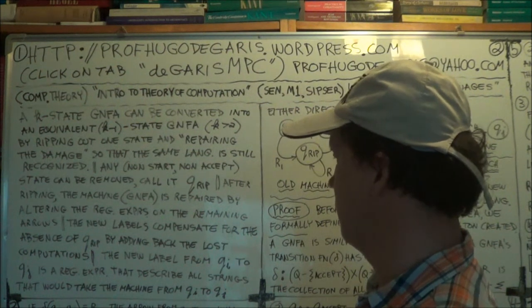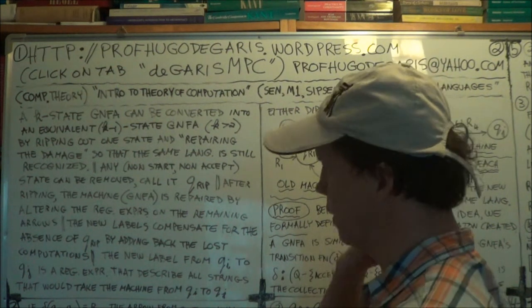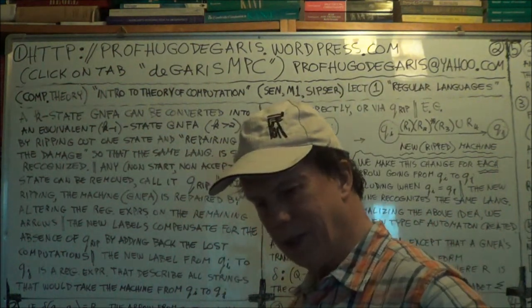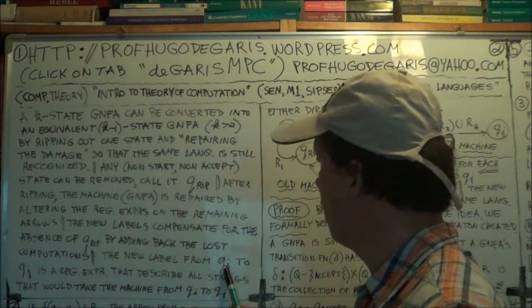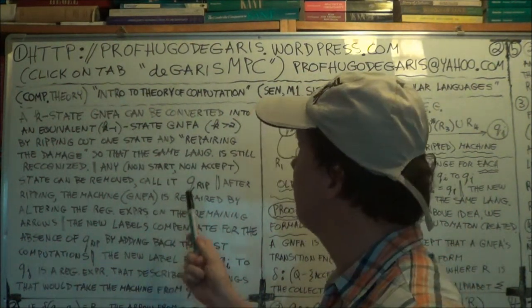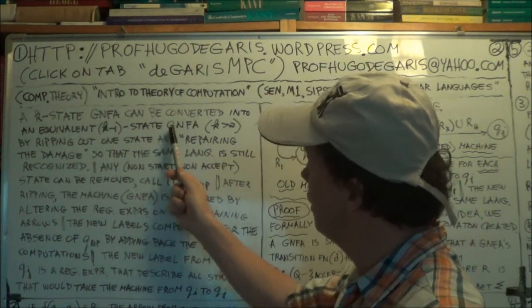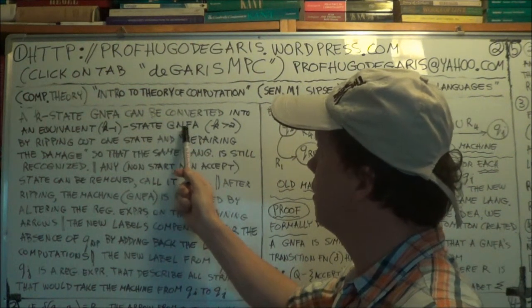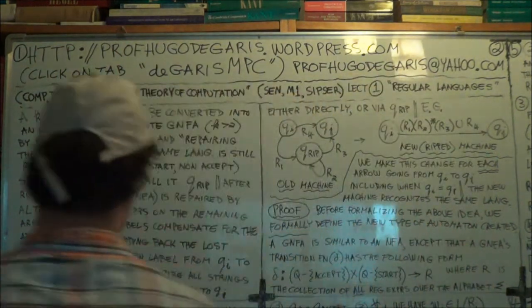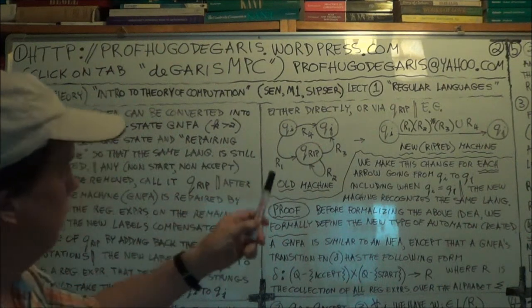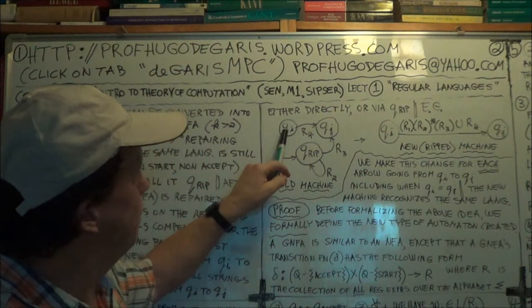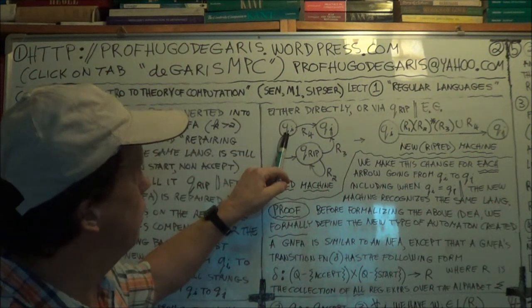Okay. Now, in general, I'll go on to the next square in a minute. Between any two states, Q i and Q j, so two general states in your GNFA, generalized non-deterministic finite automaton. Have a look here. Now this is any state, Q i and Q j.